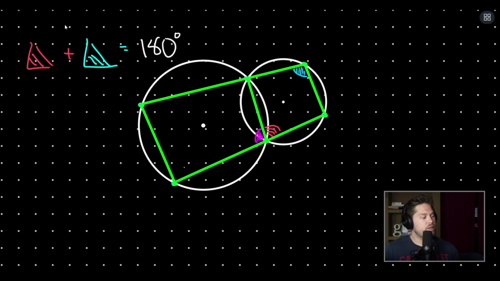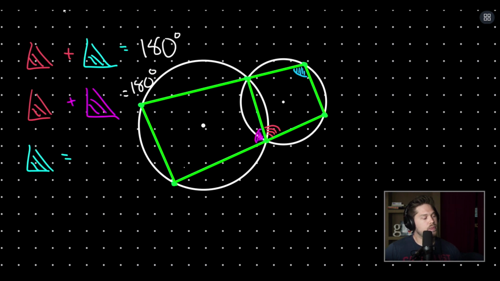However, also notice that my red angle and my purple angle form a linear pair, and so they also equal 180 degrees. Therefore, I could subtract the red angle from both sides, and I can see that my blue angle is equal to my purple angle. So these two angles in question are equivalent. Fantastic, fantastic.